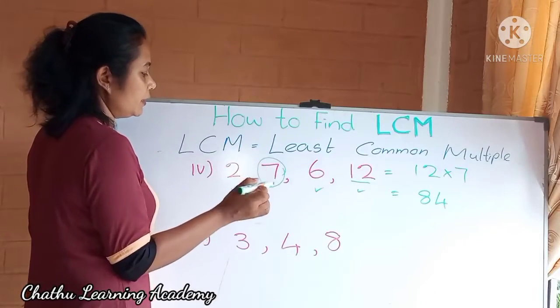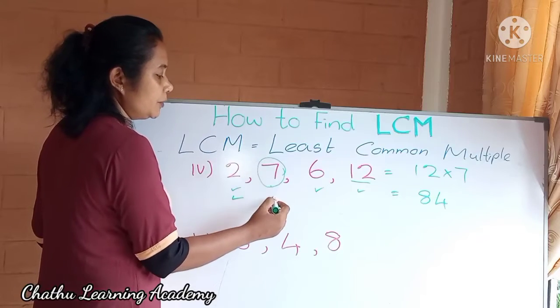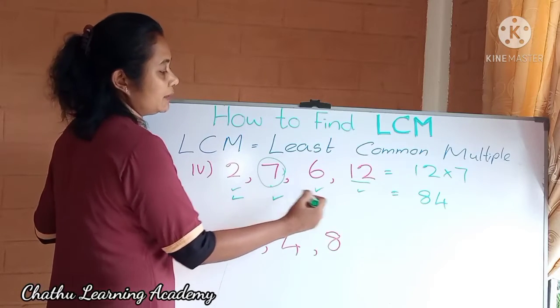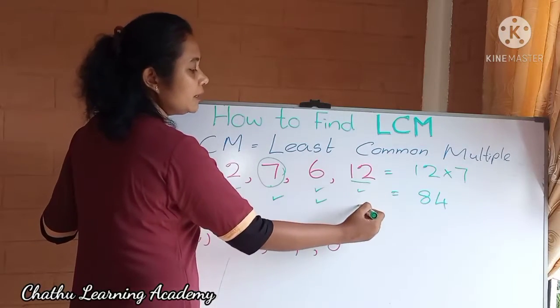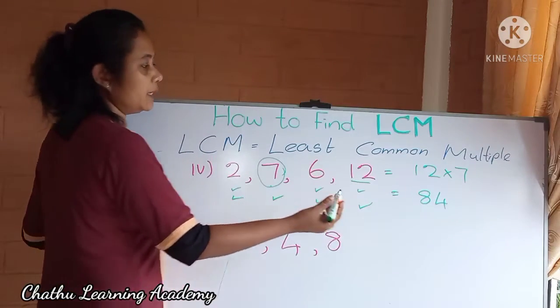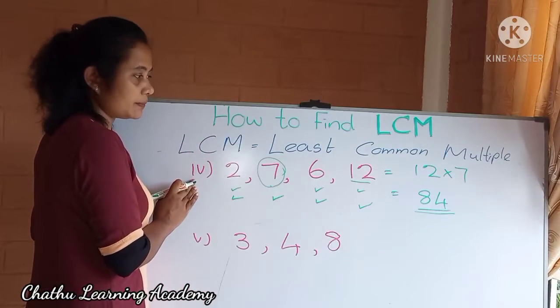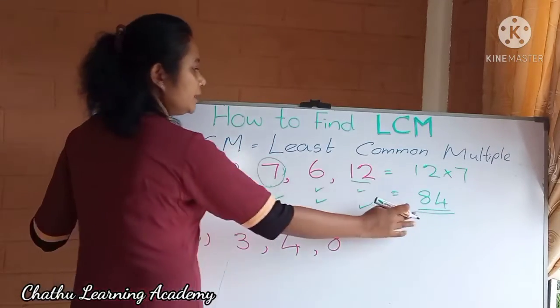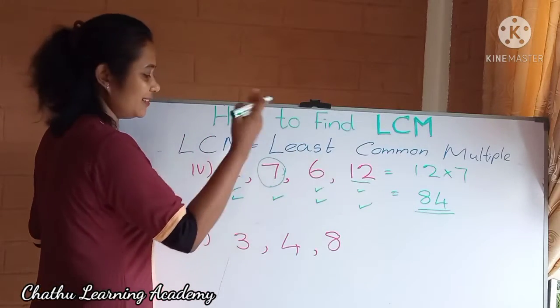Okay, we will check. Is it a multiple of 2? Yes. Is it a multiple of 7? Now it's correct. Is it a multiple of 6? Yes. It's a multiple of 12 also. Then this is the LCM of 2, 7, 6 and 12.